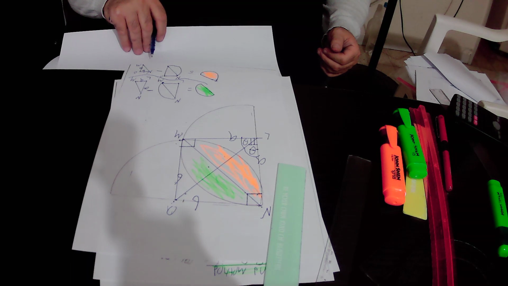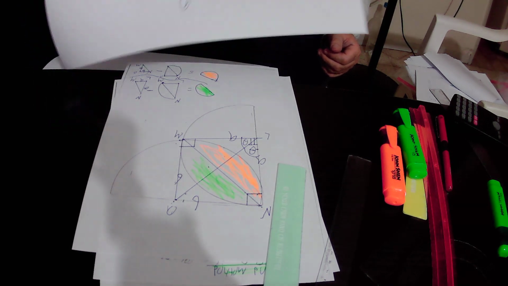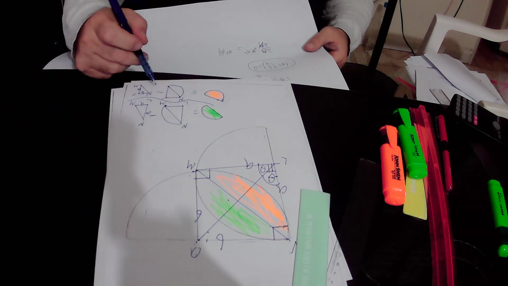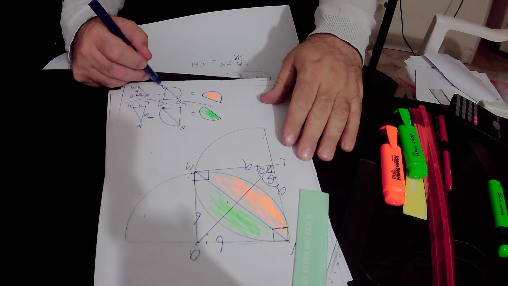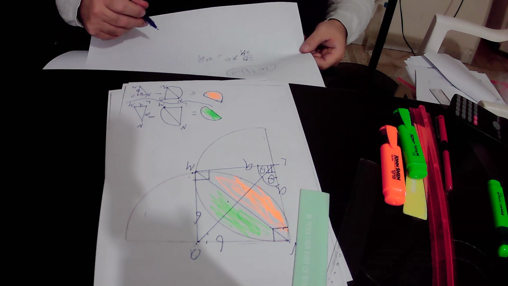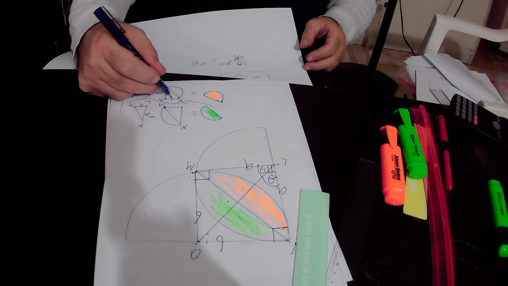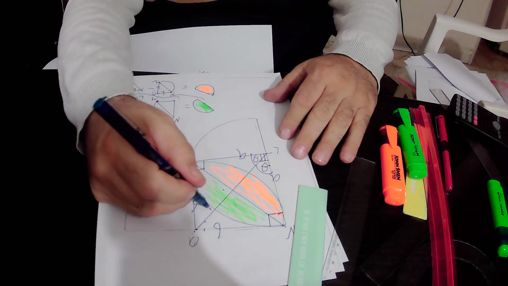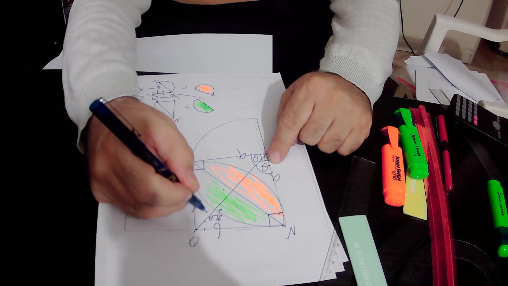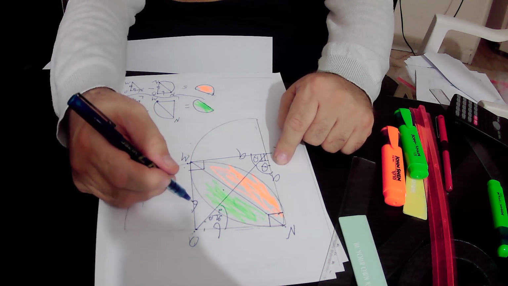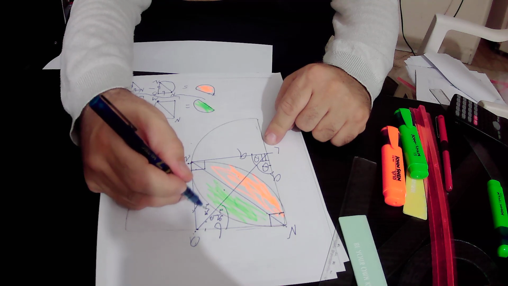And the area of sector NMO. Here NO is B, NO is also B, so if this angle equals 90 degrees, this angle equals theta, then this angle must be equal to pi over 2 minus theta, and this angle equals theta, this angle equals 90 degrees, so this angle must be equal to pi over 2 minus theta.